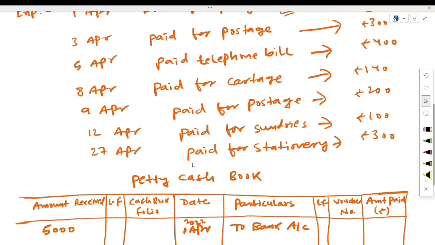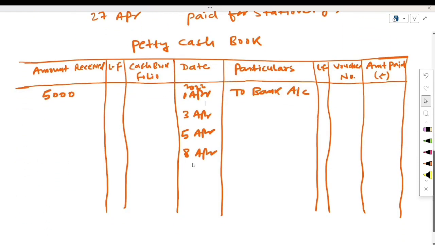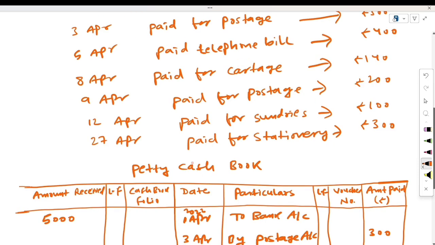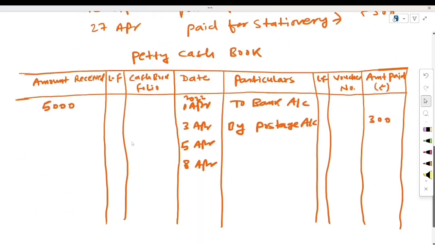Now what is happening here? On 3rd April, paid for postage, how much? 300. And what entry will you pass here? Postage account debit to cash account. So we will write here by postage account, 300. Next, on 5th April, paid for telephone bill, how much? 400.